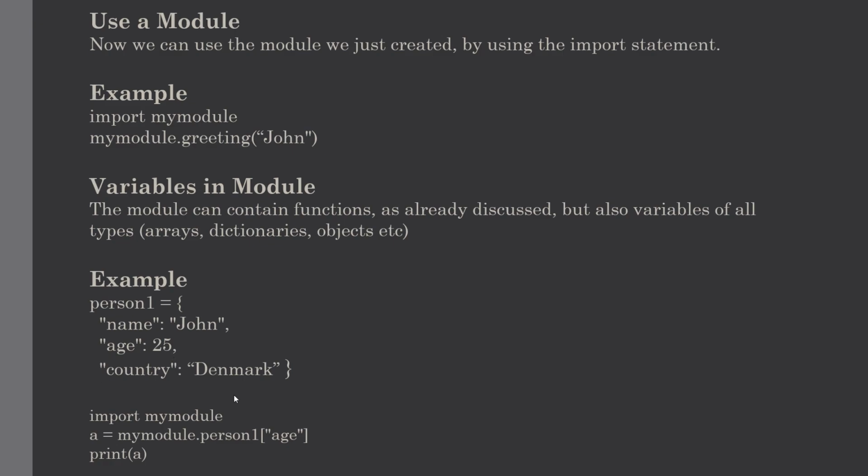These are the three keys and the values for them. For importing, as we have already discussed, we have to use the import statement. So we have typed import mymodule, created one variable, and we are printing the result. This is how we can use variables of all types in the module.